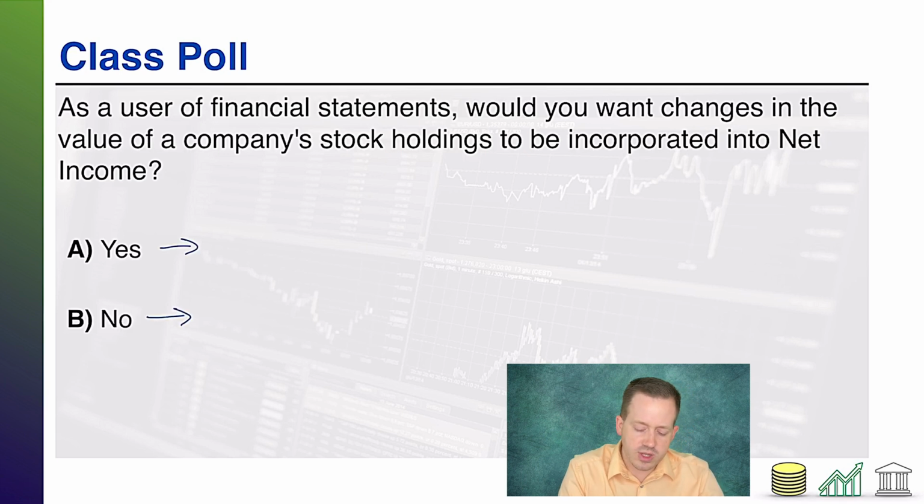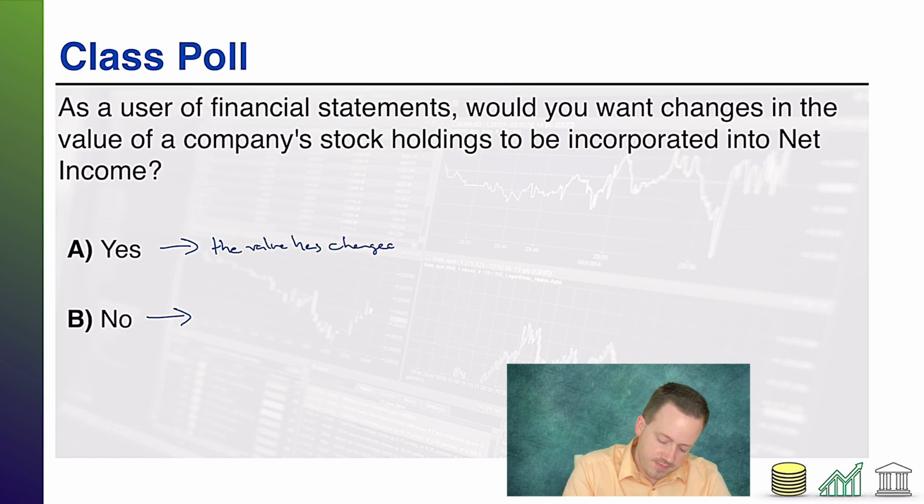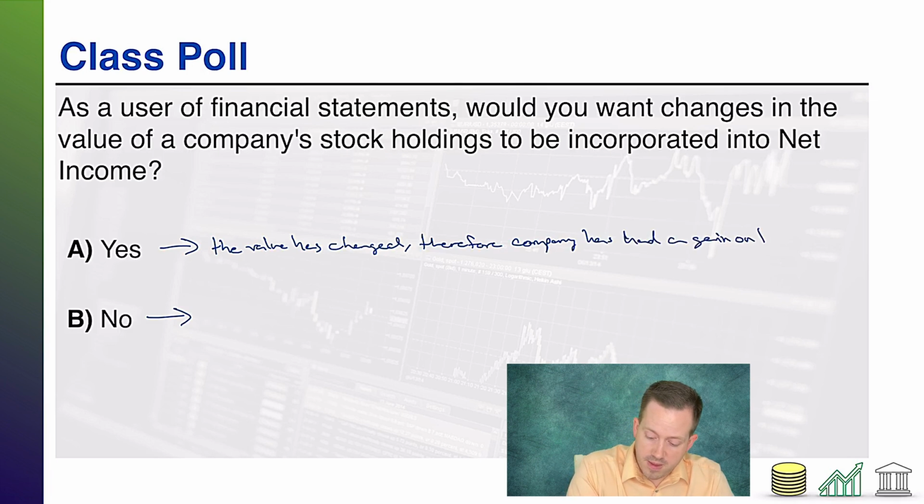For students that generally answer yes, you do want to see these changes in net income, the argument is, well, the value has changed, therefore the company has had a gain or loss, right? Now, of course, again, it's not realized yet, but the value has changed and therefore the company holding the stock has had a gain or loss. So that's kind of the argument for yes, you want to see this on the income statement.